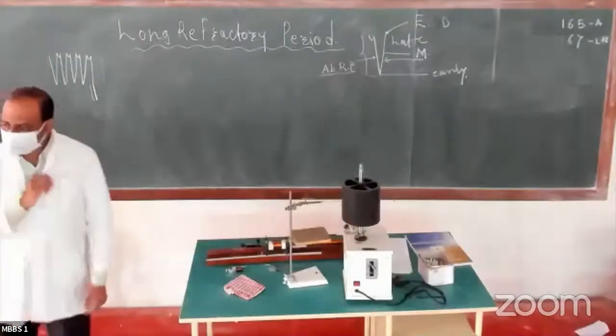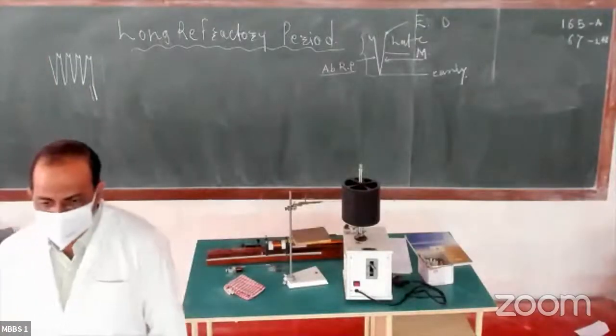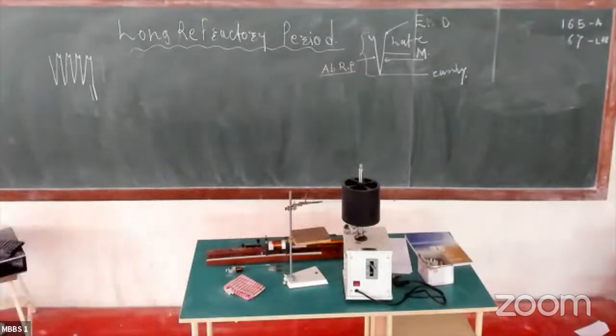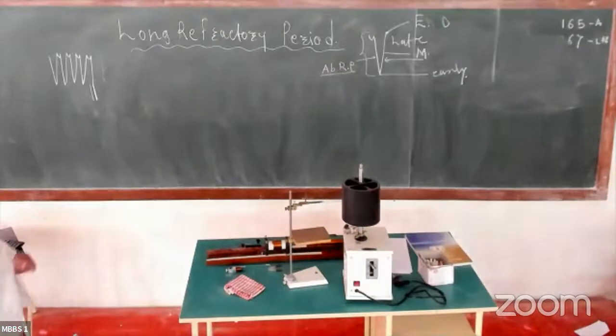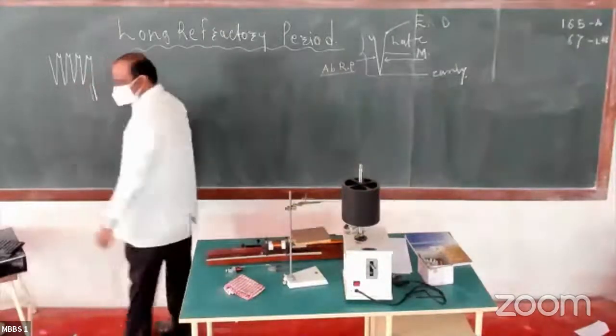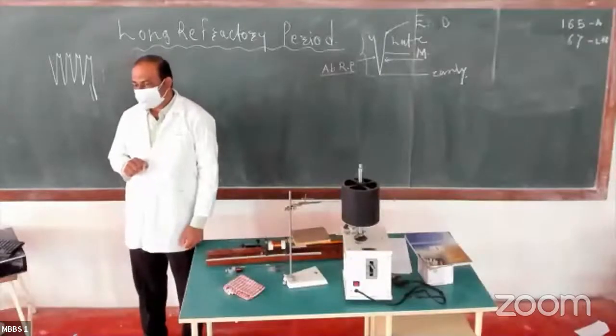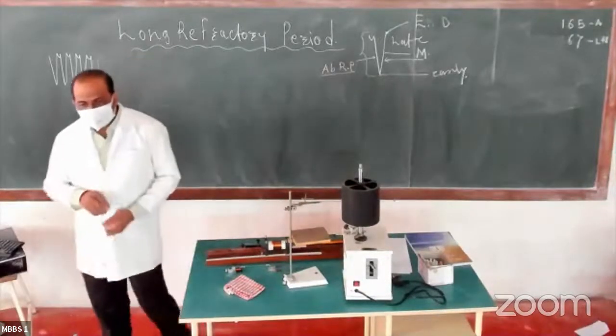Your graph should be in this form. Is it clear? The second stimulus would apply after the relaxation phase, but we have applied the artificial stimulus. What happens during this period?